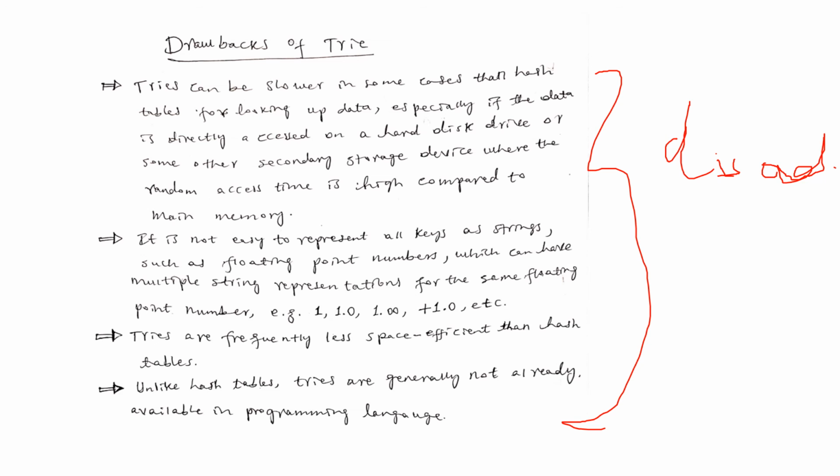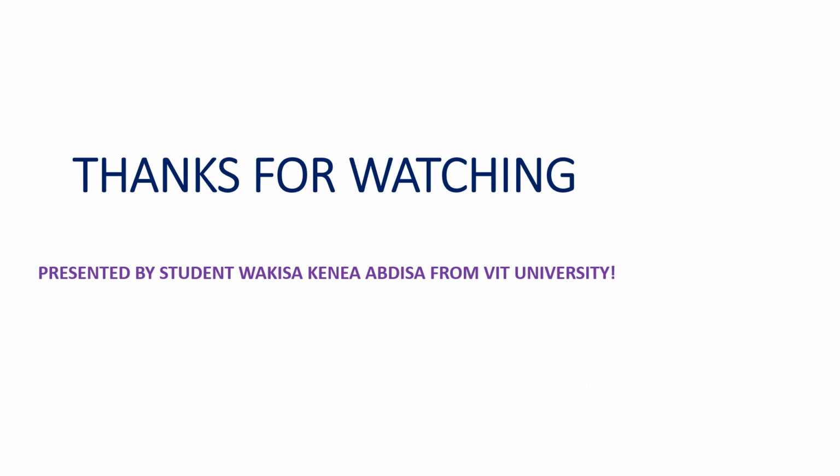It is not easy to represent it, as I told you. Trees are frequently less specific than hash tables. Also, unlike hash tables, trees are generally not already available in programming languages. We cannot access them directly in a programming language. This is the main drawback of trees.